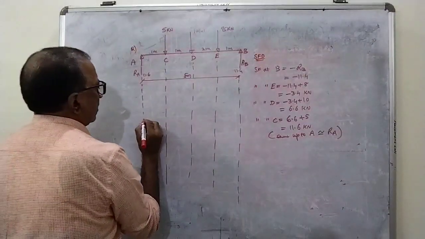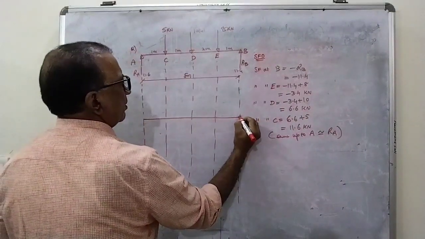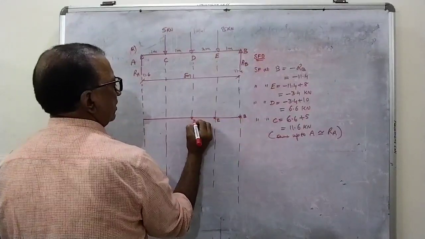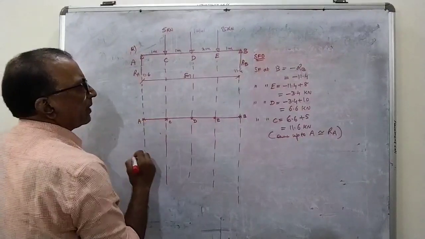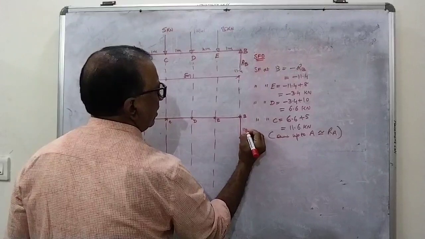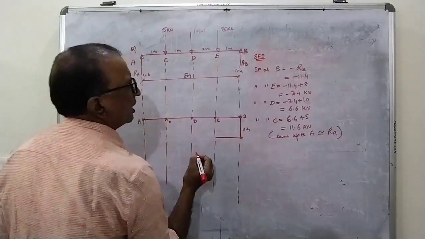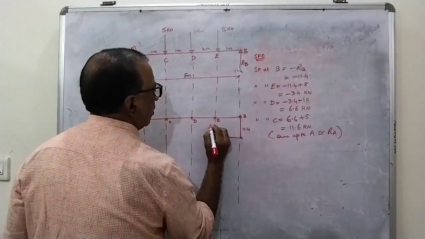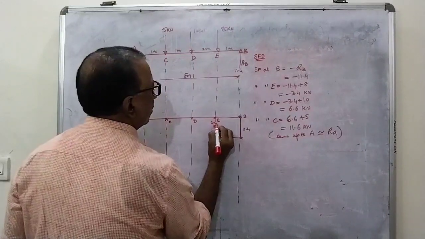So now if I draw the diagram, this is B, this is E, this is D, this is C and this is A. So at B it is 11.4. So just before E it remains constant. At E it has reduced to how much? 3.4.